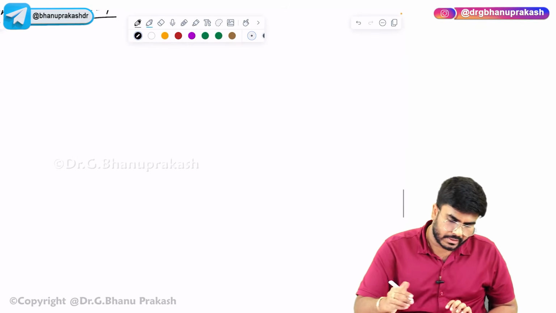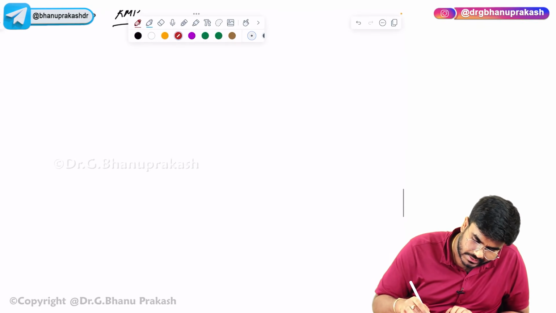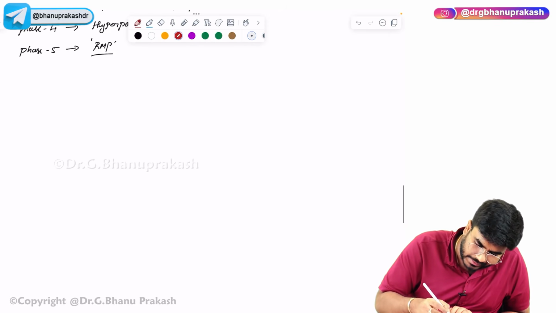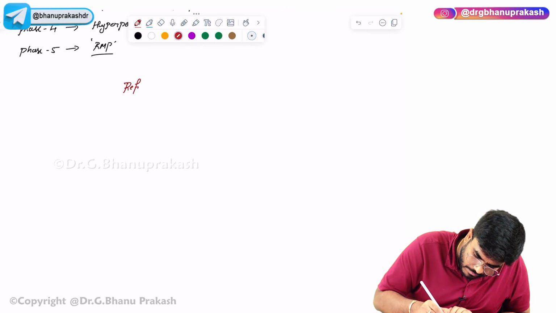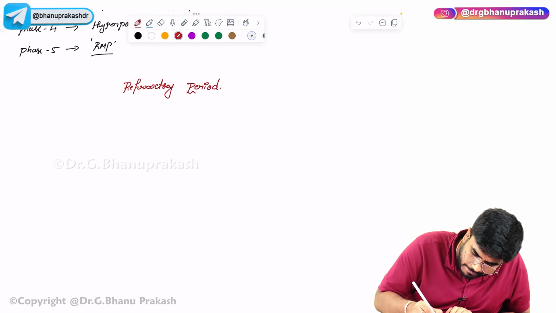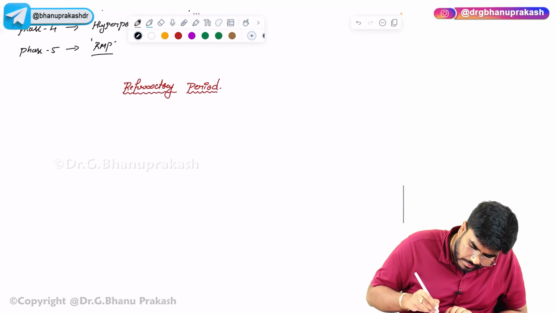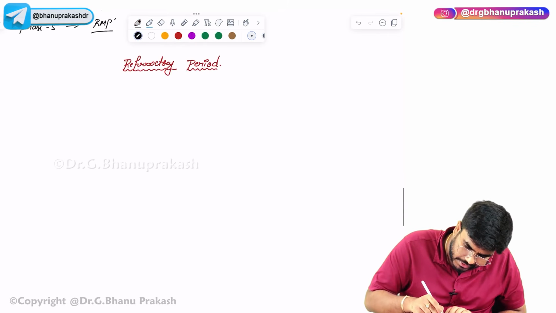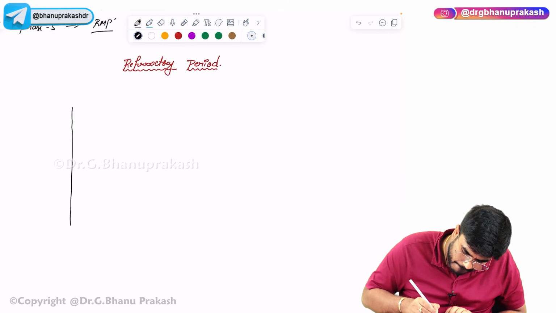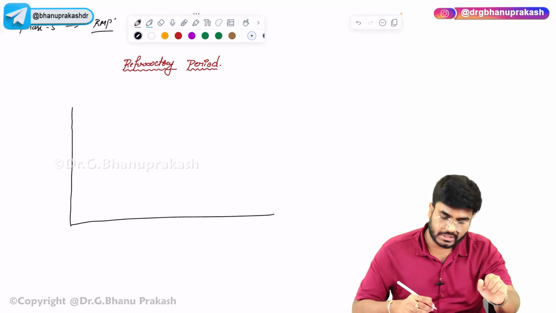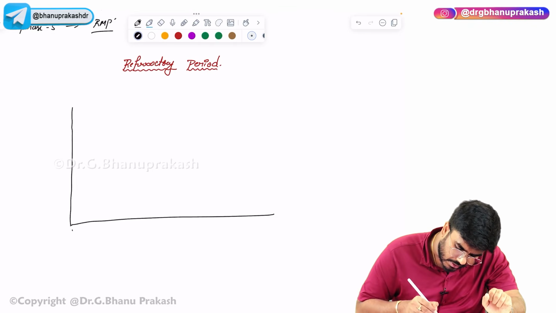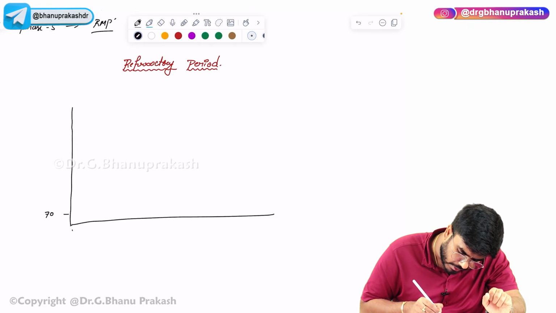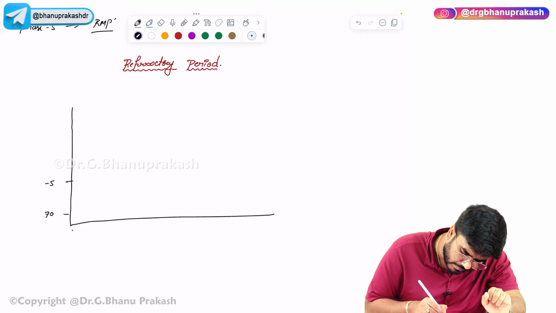Now, the next topic which I want you to know is the refractory period. First let me draw the action potential. You gave a stimulus. Because of the stimulus, the resting membrane potential is going from minus 70 millivolts to minus 55 millivolts.